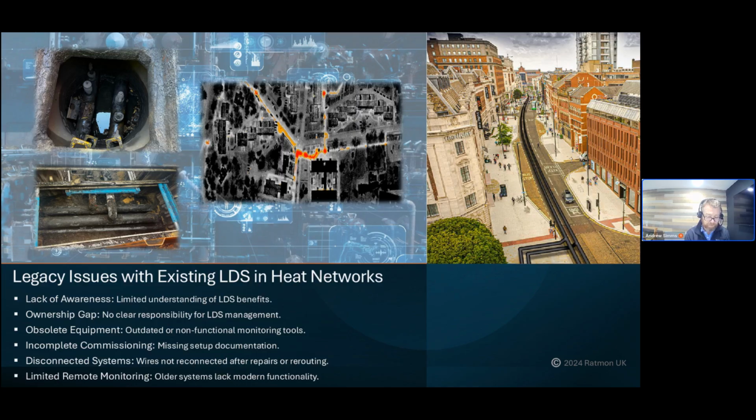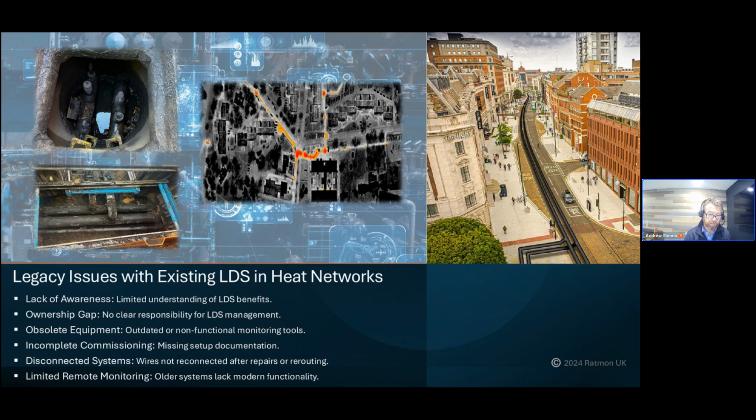Another major issue is the obsolete or non-functional monitoring equipment in use. Older leak detection system tools may no longer be supported, rendering them ineffective. Incomplete commissioning and missing as-installed data also pose challenges. Without the proper documentation of the system's initial setup, troubleshooting and upgrades become far more difficult.